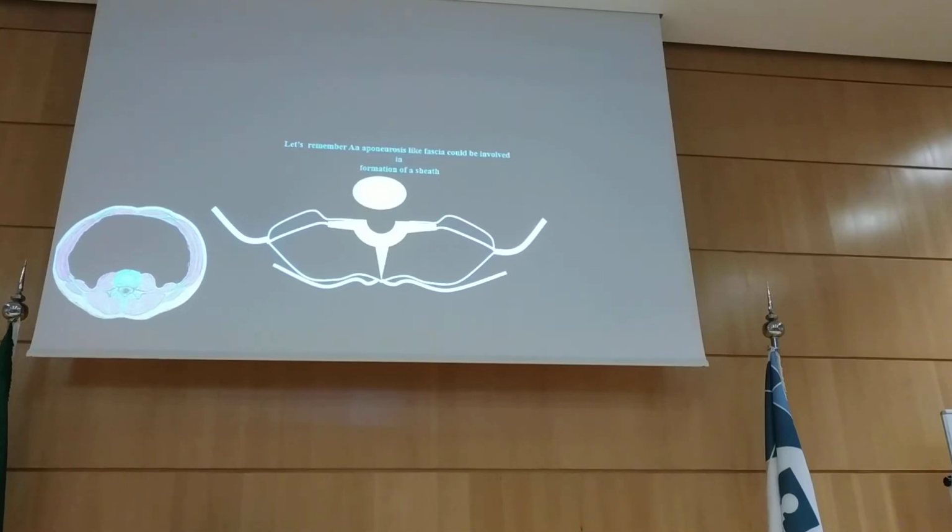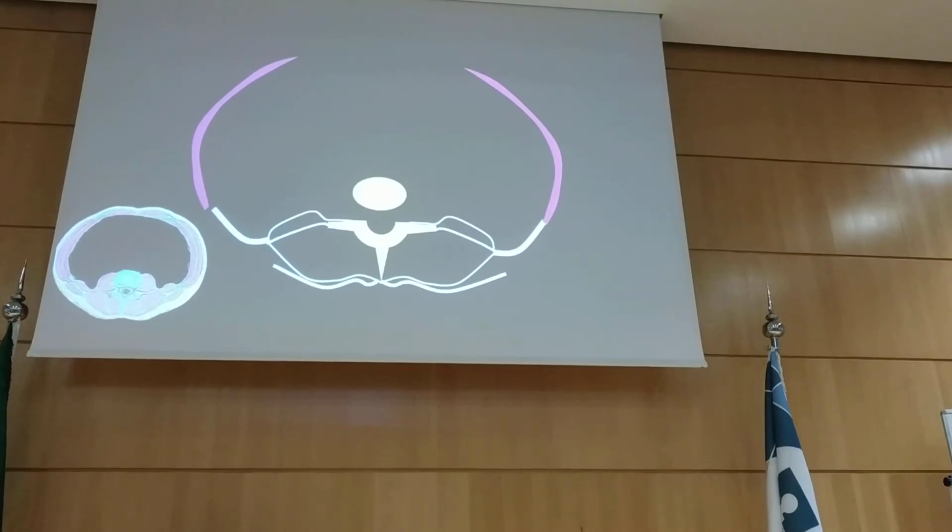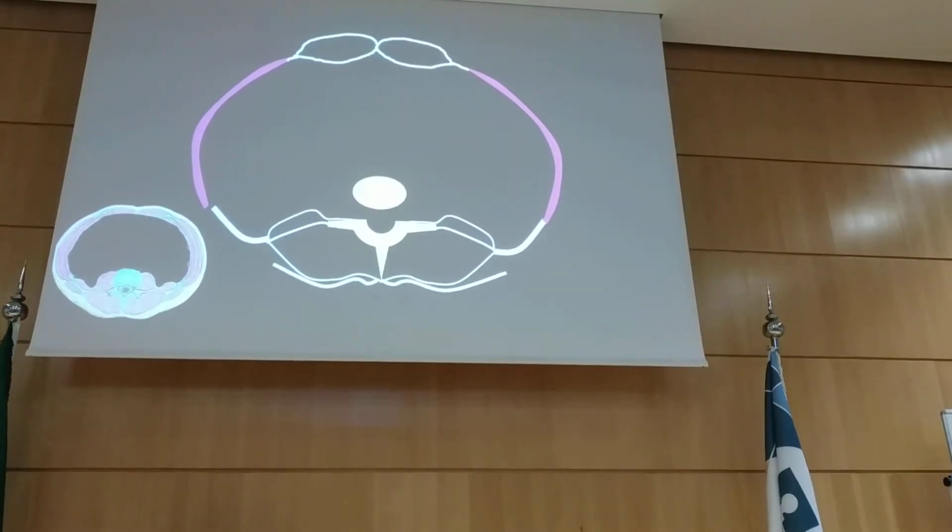Please, here is posterior part of the body. This is vertebra, and these are muscles, and this is fascia. From this fascia, I will get the master muscle of the anterolateral part of the abdominal wall.